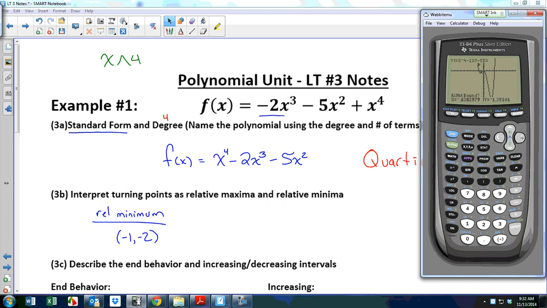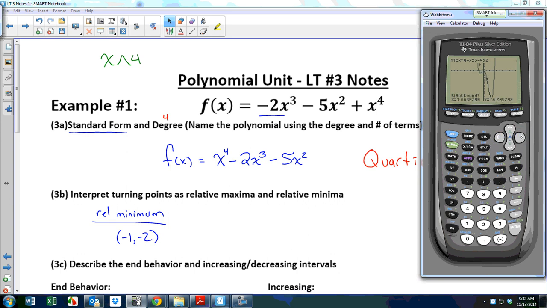Then right bound, hit the right arrow until it turns. Enter twice. Oops, I'm sorry. I messed up. I hit second count minimum. That was my fault. Let me back up. Second count maximum. Must not have hit down enough times.